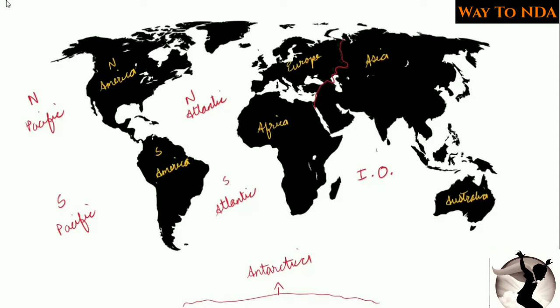Then here also you will find the Pacific Ocean. Why? Because Earth is round, and this Pacific Ocean and this Pacific Ocean are the same one. So yes, this is also the South Pacific Ocean. Now in the south you will find the Southern Ocean, and in the north you will find the Arctic Ocean.